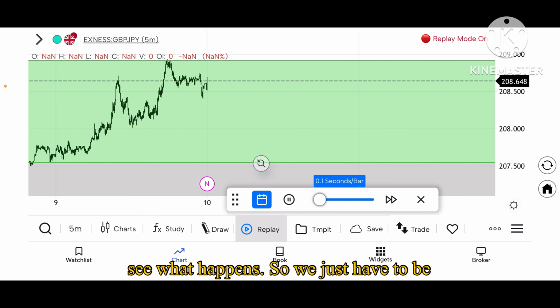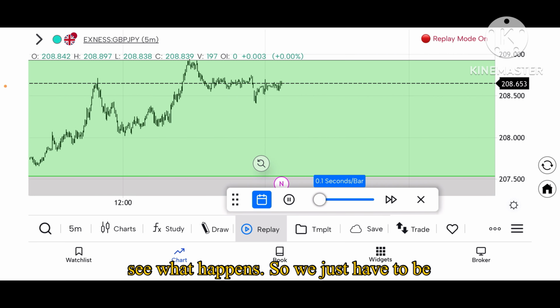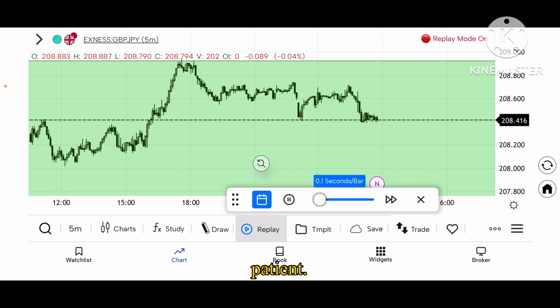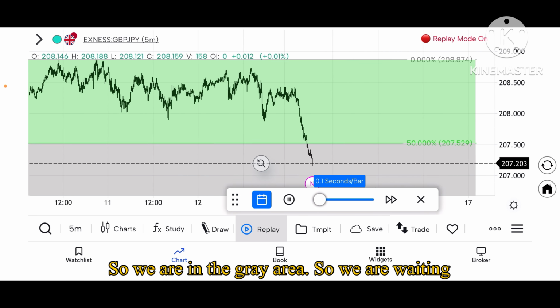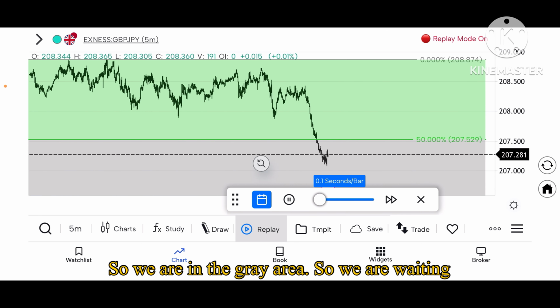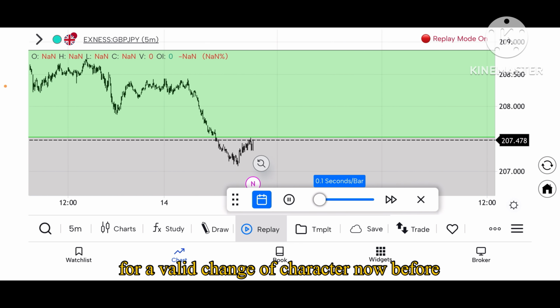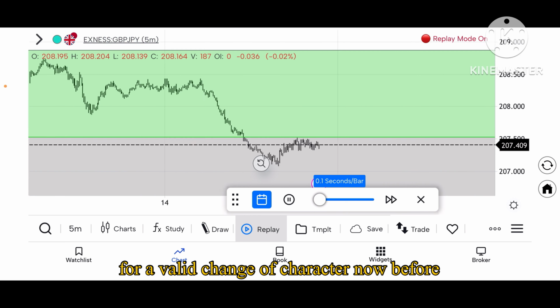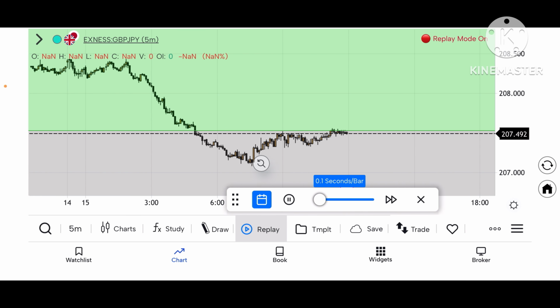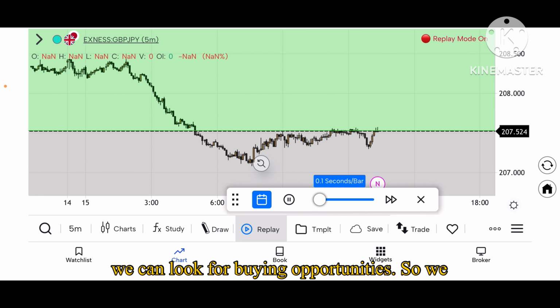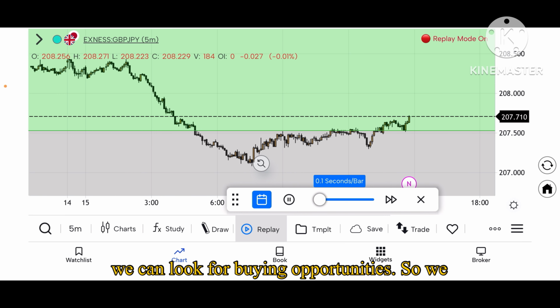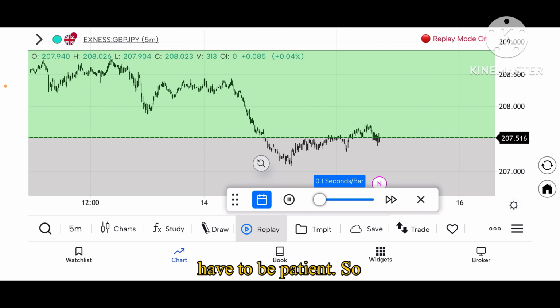So let's see what happens. So you just have to be patient. So we're in the gray area. So we're waiting for a valid change of character now before we can look for buying opportunities. So we have to be patient.